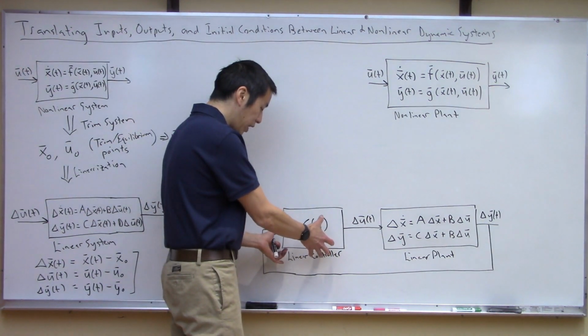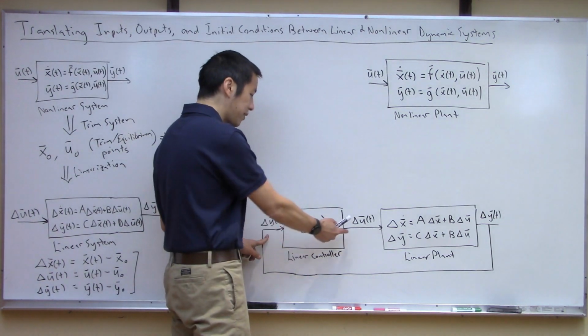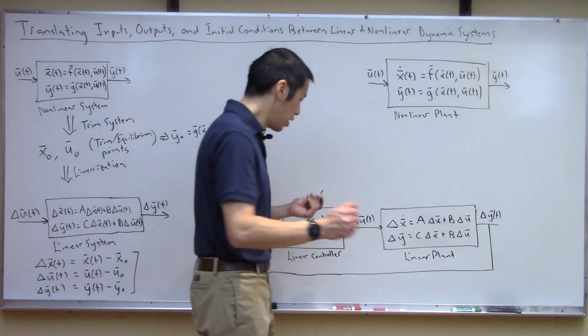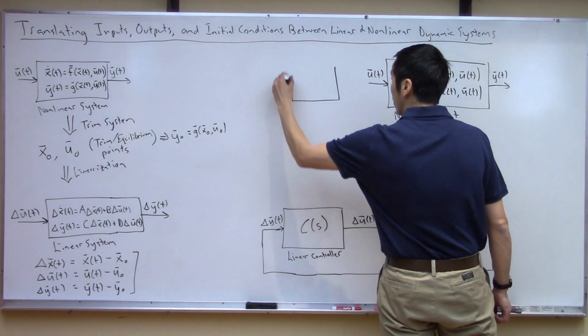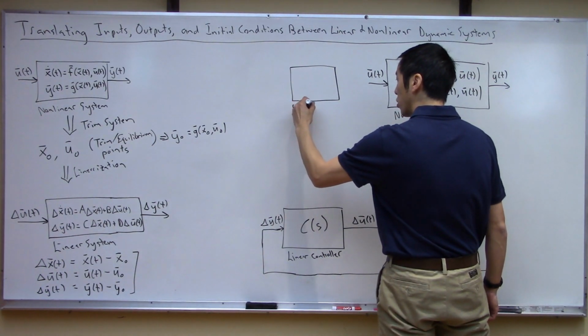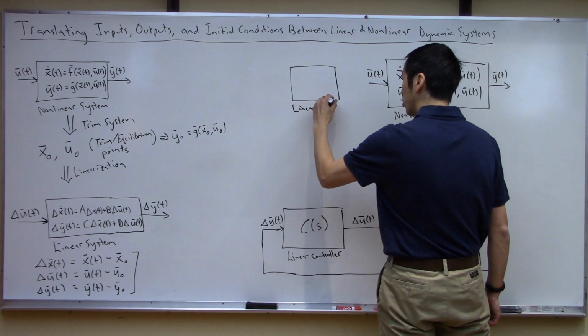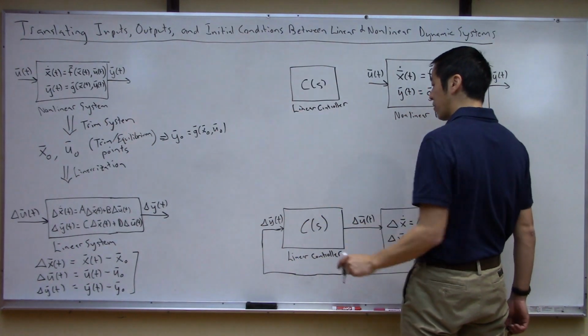So in order to take this linear controller up here and make a nonlinear controller, we have to reconcile the differences between the deltas. So the first thing I'm going to do is, sure, let's go ahead and bring up this linear controller. So literally, let's grab this thing and just jam it into our block diagram up here. The exact same thing. So literally, copy, paste. It's the same thing.